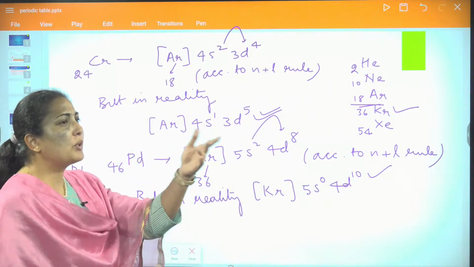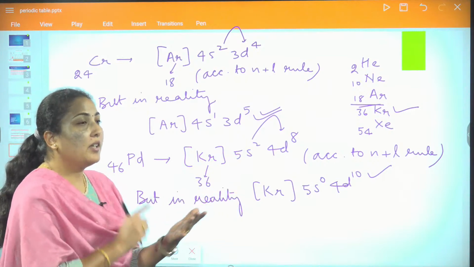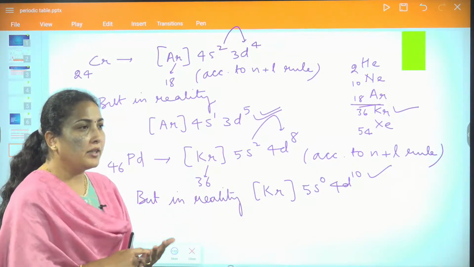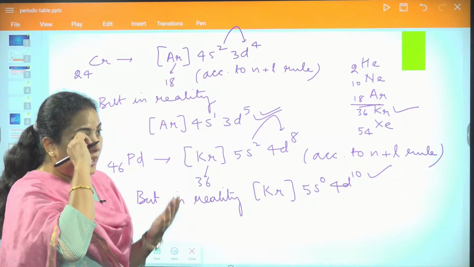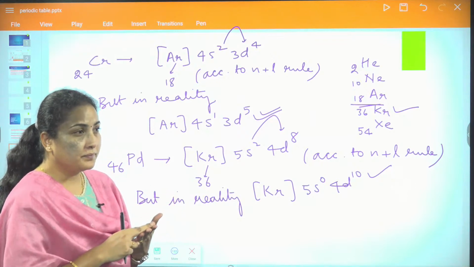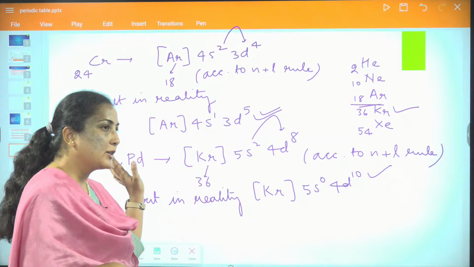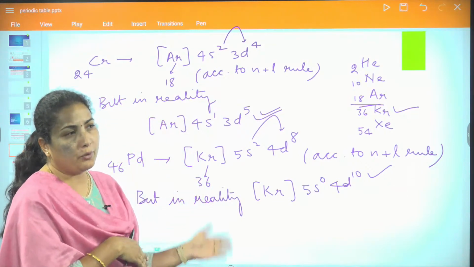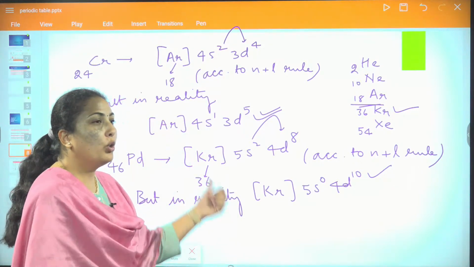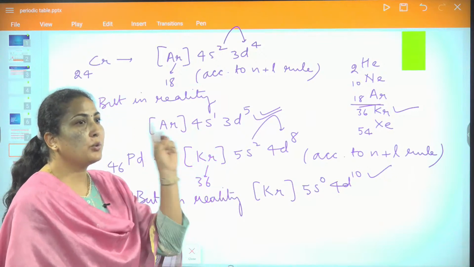And the rest of the members, you can easily verify, we have written niobium, tantalum, right? Molybdenum. For all of them, it will be like this only. All you need to do is shift 1 electron from ns to (n minus 1)d. Only for palladium, 2 electrons from ns to (n minus 1)d.